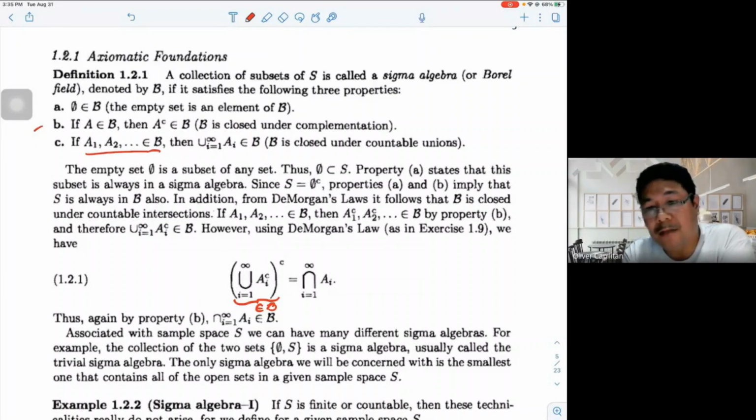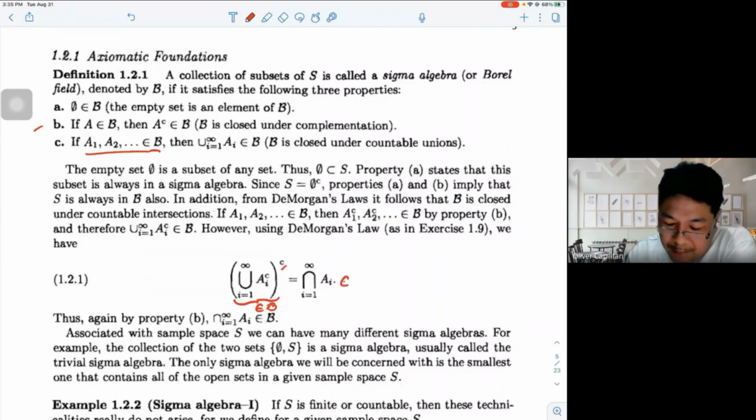So if this countable union of the complements of the A sub i's, i from 1 to infinity, is an element of script B, then according to property B, if we take the complement of that, it is also an element of script B. But according to De Morgan's law, the complement of the countable union of the complements of the A sub i's, i from 1 to infinity, is equal to the countable intersection of the A sub i's.